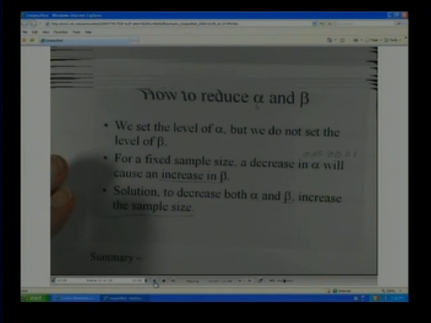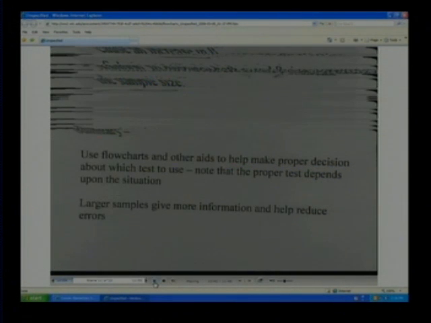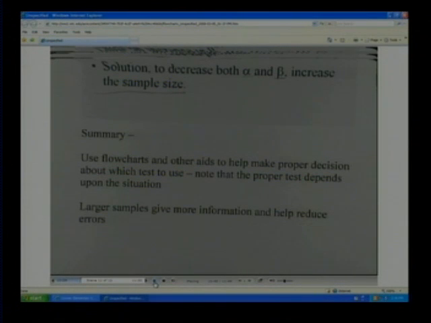So let me just see if I can go through and summarize this session. Basically what we want to do is use our flow charts and other aids and tools. We'll talk about another way to look at some of these tests in a following session.